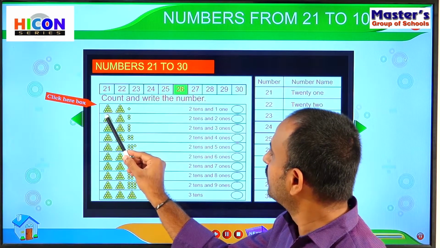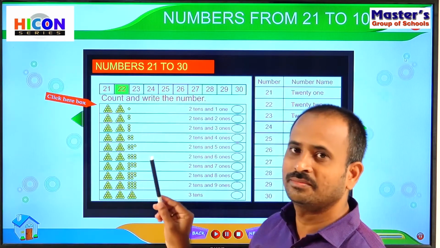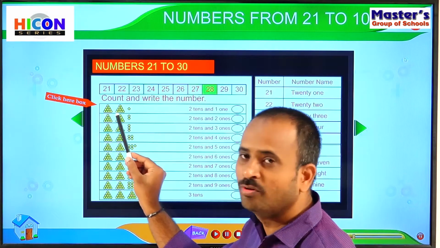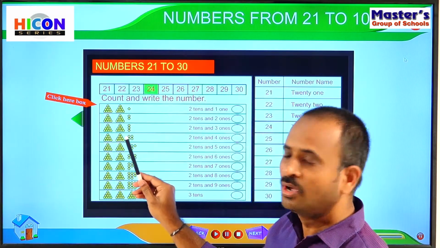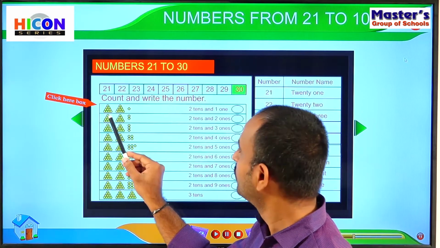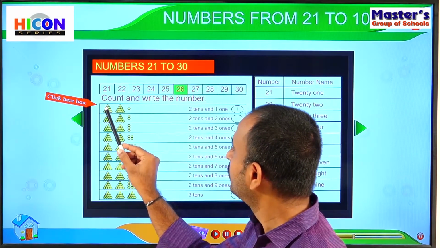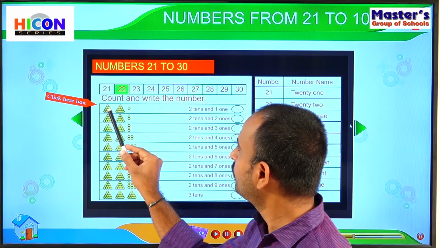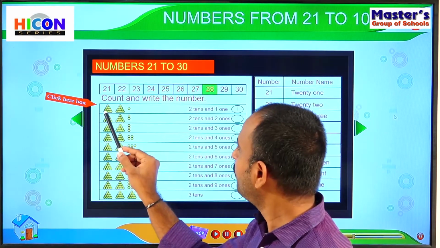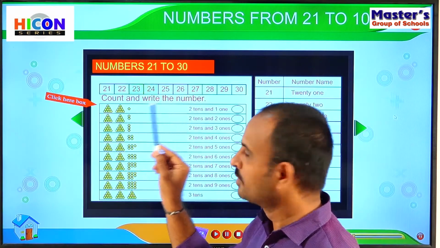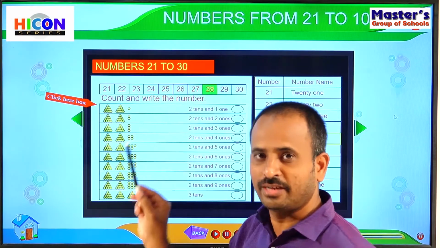You are observing some groups of balls here. In each group, children, how many balls are there? Let us count: 1, 2, 3, 4, 5, 6, 7, 8, 9, 10. Each group contains 10 balls.